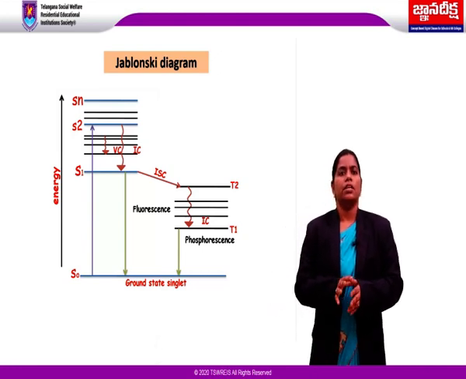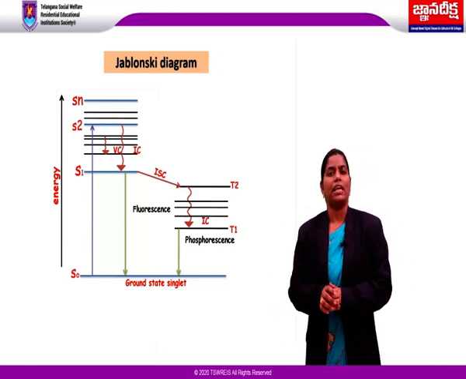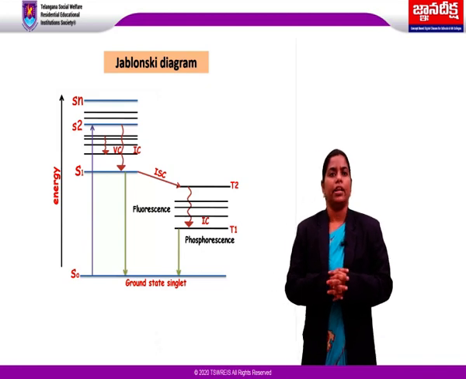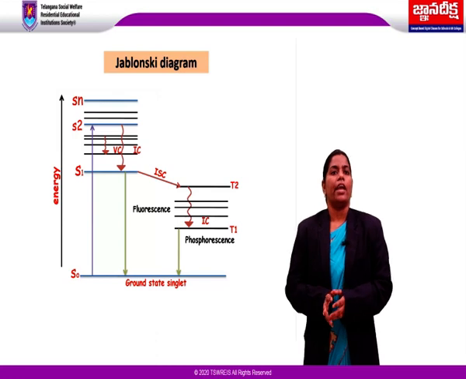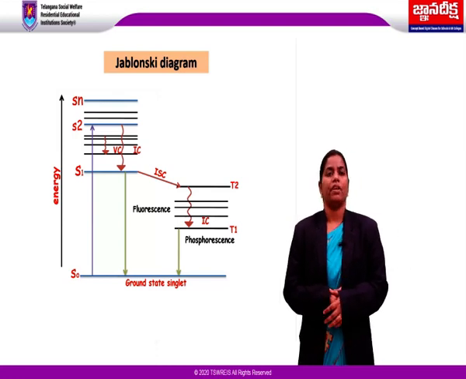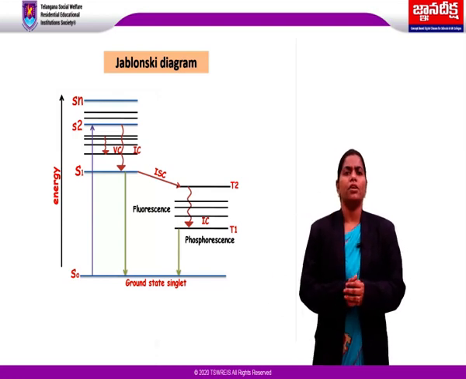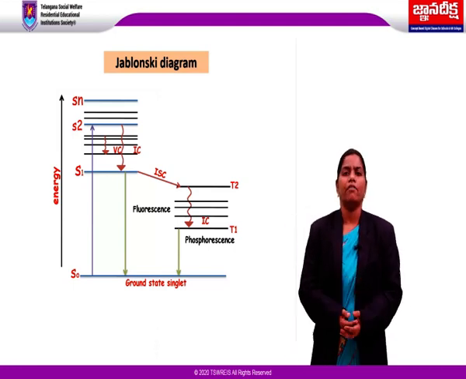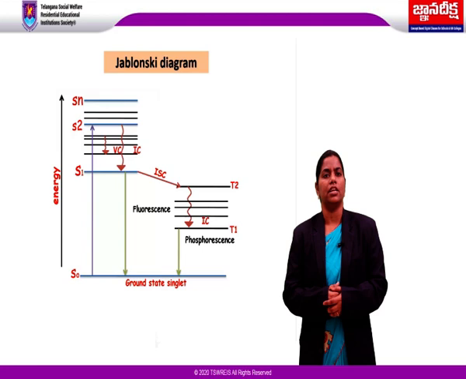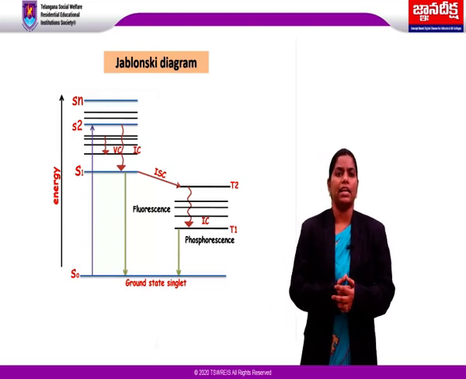Now let us assume that the molecule is in the S2 level and that the molecule returns to the ground state by any of the following paths. Path 1. The molecule may lose energy in the form of heat and return from a higher vibrational energy level to a lower vibrational energy level of the same singlet state.